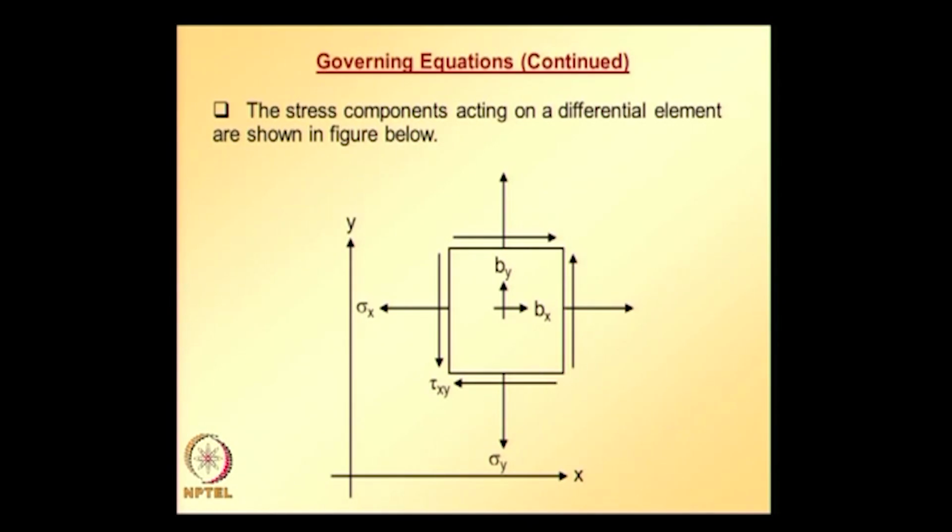So, if you look at this figure, on the planes farther from origin, the stress components are positive if they act along the positive coordinate directions. On the near planes or on the planes nearer to the origin, the positive directions are along negative coordinate directions. Physically, this sign convention means tension is positive, compression is negative. So, that is what we are going to adopt.